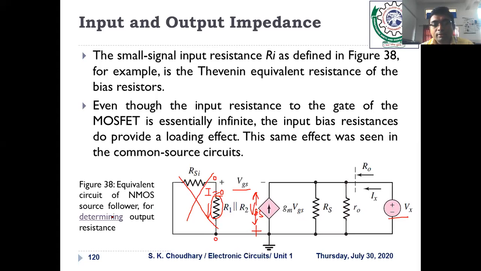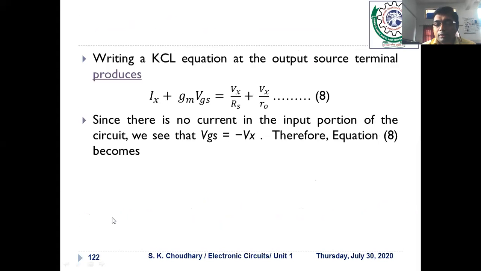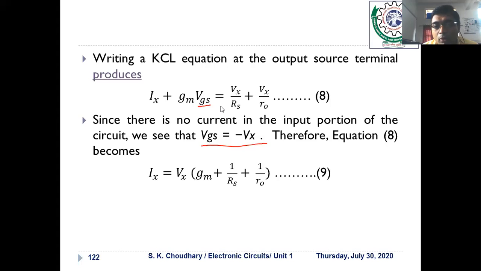In this way, we can say VGS is equal to minus Vx. Okay, so when we put VGS equal to minus Vx in equation number 1, it becomes Ix is equal to Vx upon Rs plus Vx upon R0 plus gm Vx. And we take Vx as common, so equation number 9 is generated.